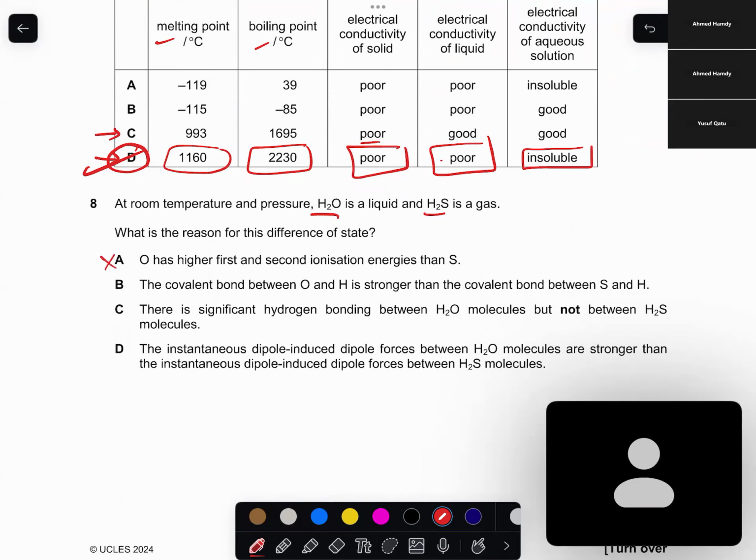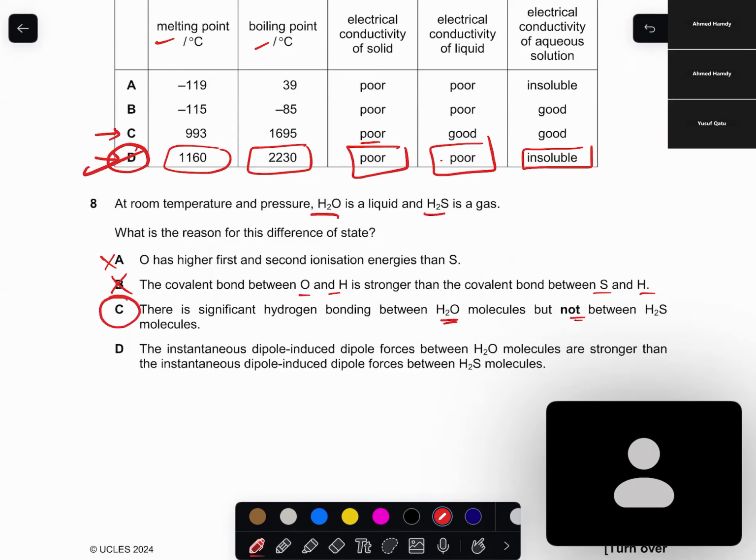No, there is no relation between the ionization energy and the state of the substance. The state is related more to the intermolecular forces of attraction between the molecules. So the intermolecular forces determine the state. The covalent bond between O and H is stronger than the one in H2S, but it doesn't relate to the state of matter.